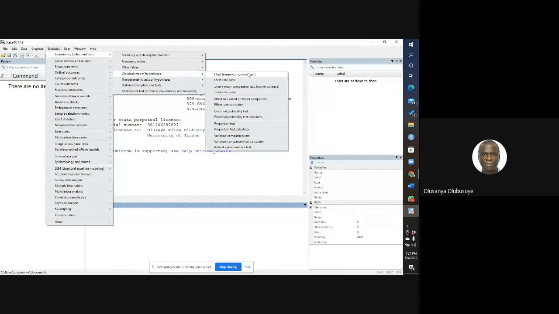I've told you now, even in my preamble, that even if you don't have Z test and your sample size is large, the result of the T test and the Z test will be the same. Is that clear?